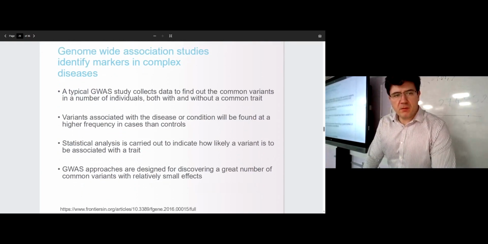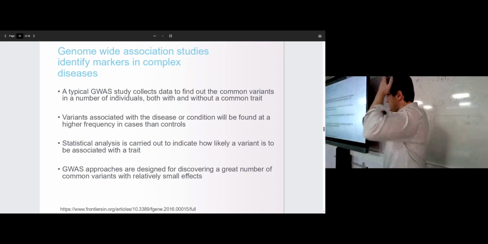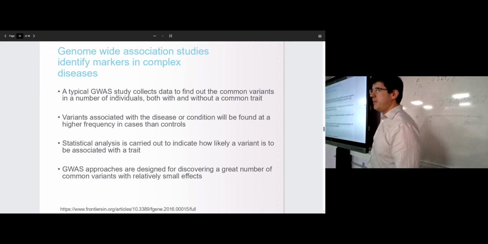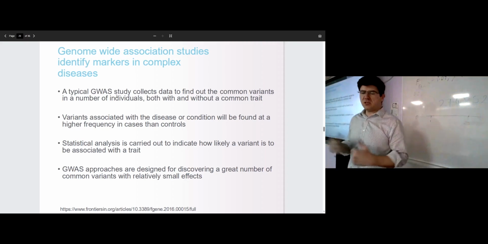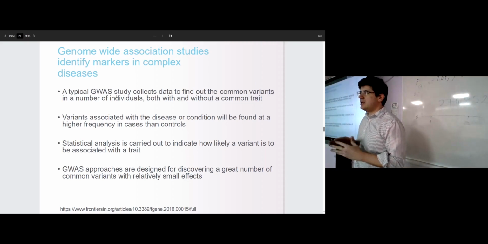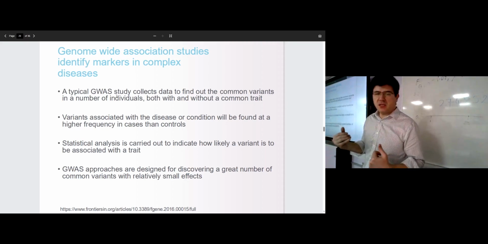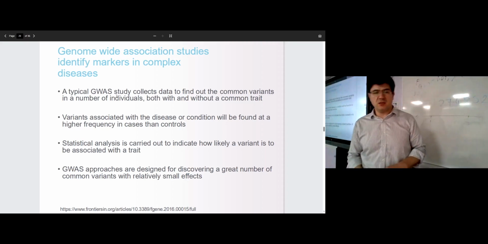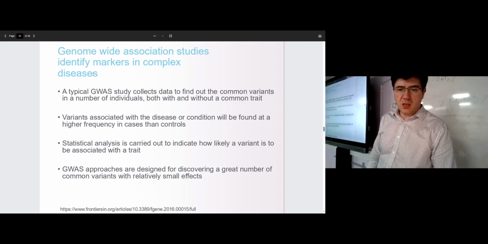So all complex diseases, as I said, have many contributions from different genes. The way for us to really understand the genetic contributions for complex diseases is through a technology which we call genome-wide association studies, or GWAS.